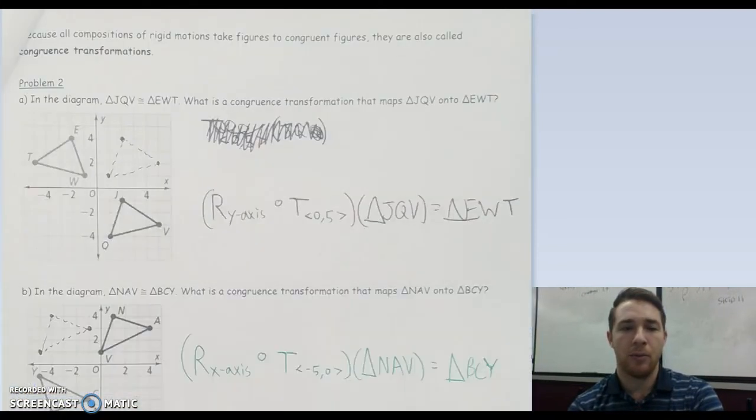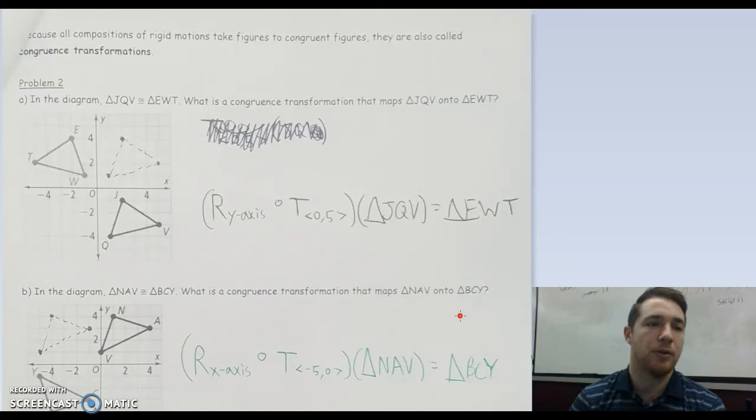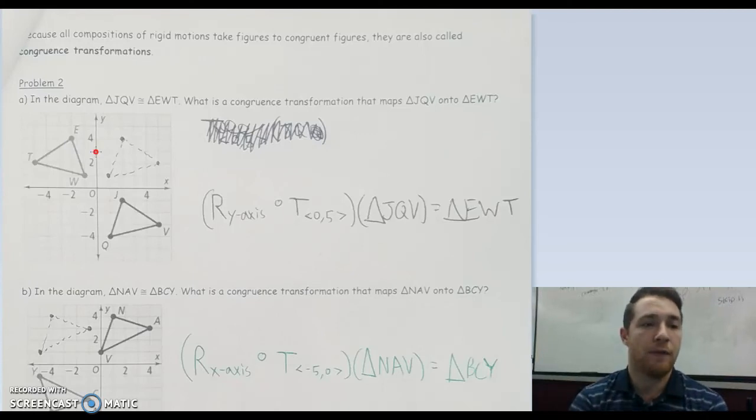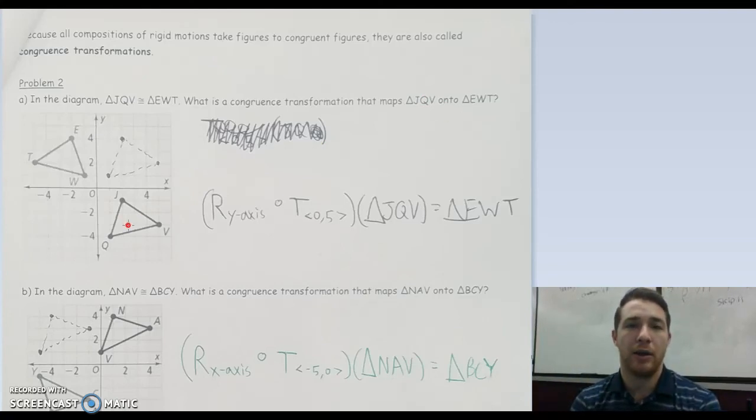So trying that a little bit more with some specific examples, in this diagram we want triangle JQV to be congruent to triangle EWT, and again we can call those congruence transformations because I'm proving that they're congruent by fitting one over the other. So if I want to map JQV onto EWT, there's a couple options for this. There's never one way that you have to do these, because you could use reflections, rotations, translations.